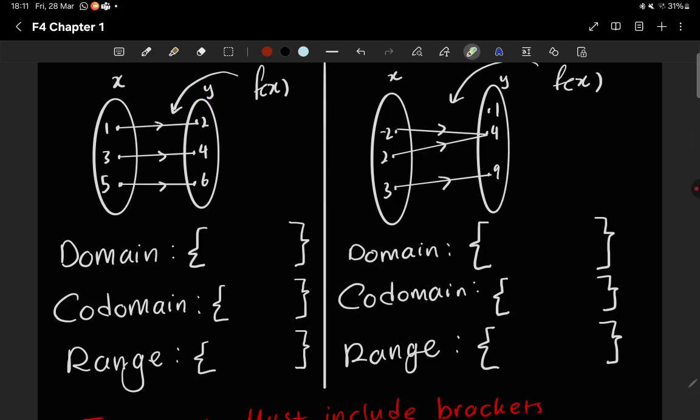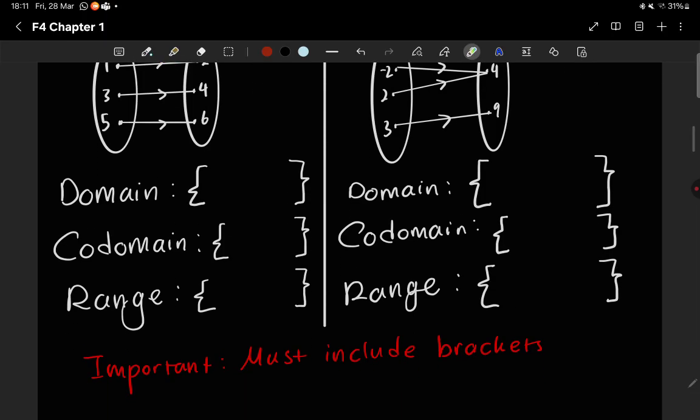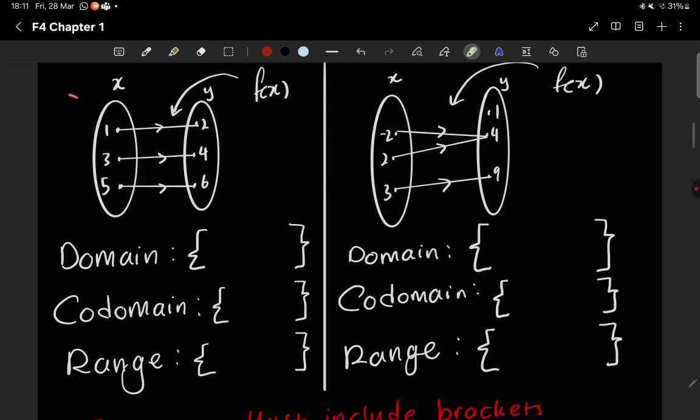There are going to be questions in the exams where they'll give you this kind of notation or this visualization over here, and they'll tell you to list down the domain, codomain, and range. So just to rephrase again, the domain is whatever's in the first set, the codomain is whatever's in the second set, but the range is whatever's in the second set, but it must be connected to the first set.